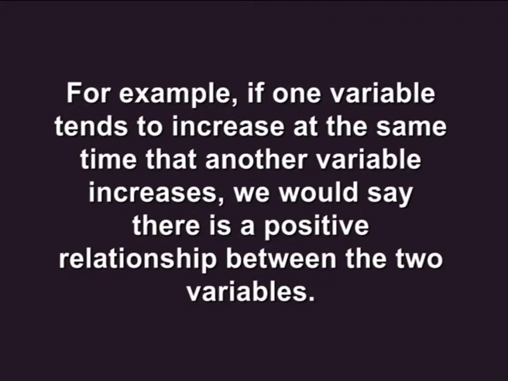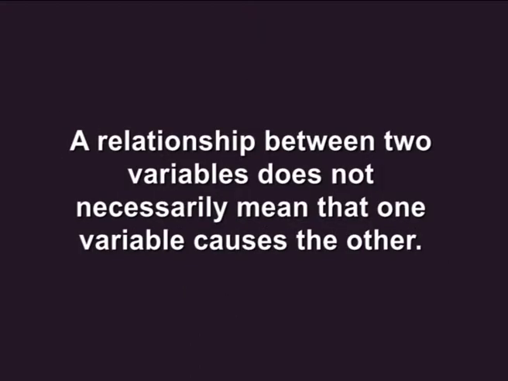For example, if one variable tends to increase at the same time the other variable also increases, we would say there is a positive correlation between the two variables. A relationship between two variables does not necessarily mean that one variable causes the other. I emphasize this point.